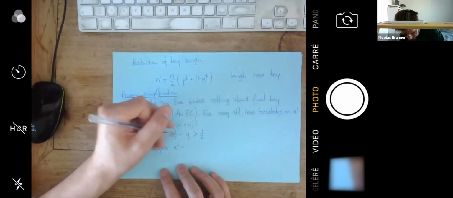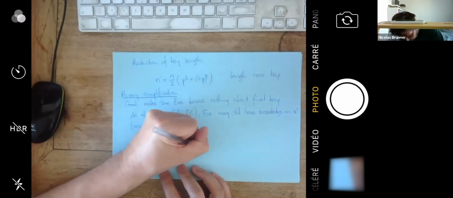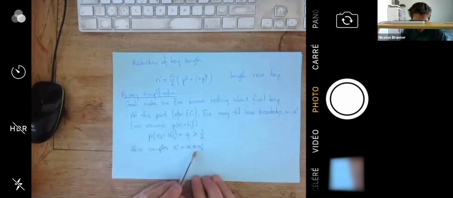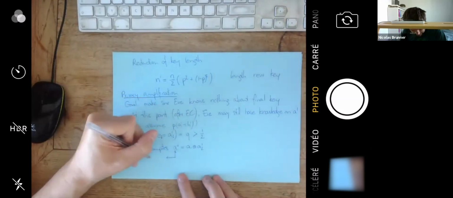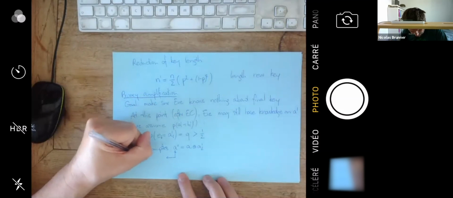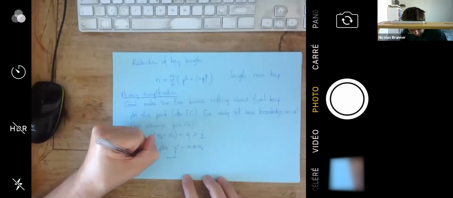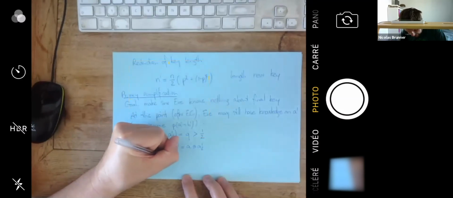This is going to be A prime 1 plus A prime 2. So you see it's very similar to what I did before. I just call this A double prime now. And so contrary to before, this is the new key bit. And of course, because it's the new key bit, it will not be announced. So that's the difference with before, not announced.